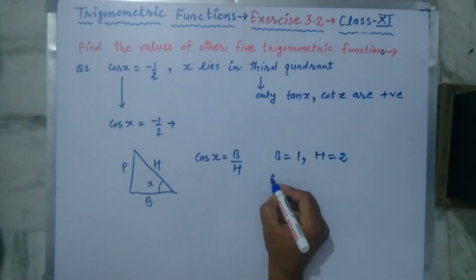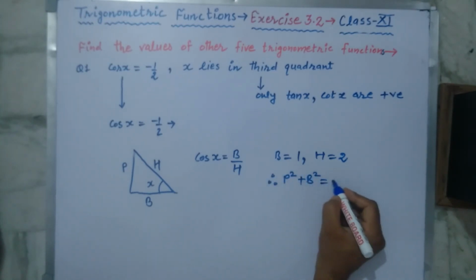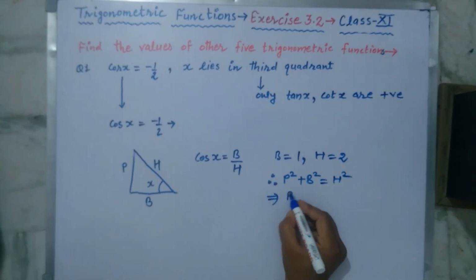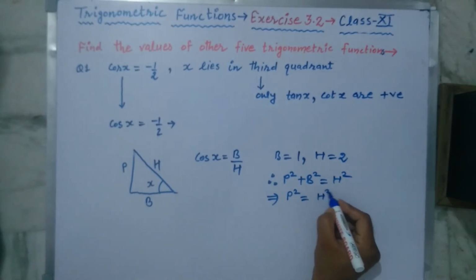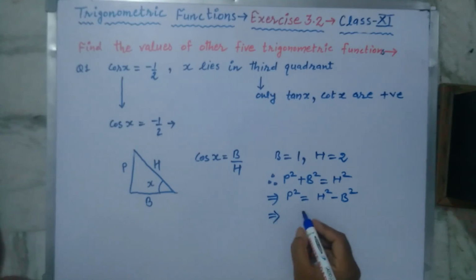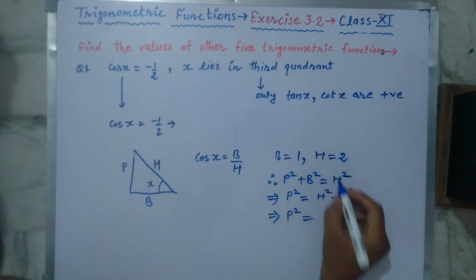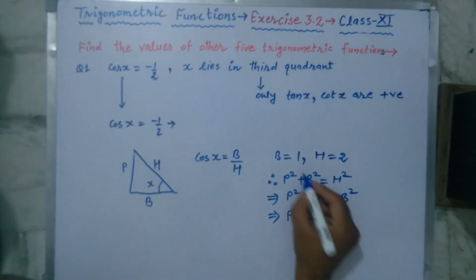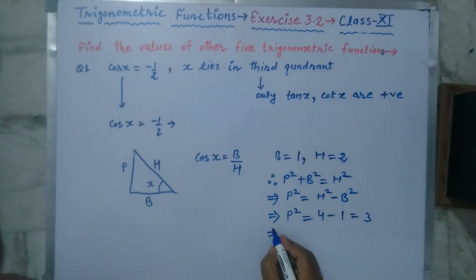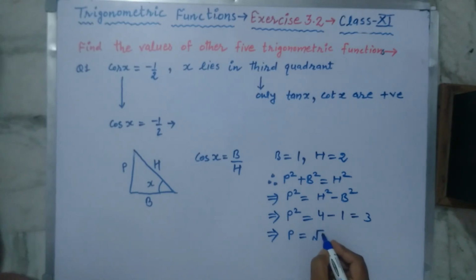So p square plus b square is equal to h square. That means p square is equal to h square minus b square. So p square is equal to h square, meaning 4, minus b square, meaning 1. So this is equal to 3. So p is equal to square root of 3.